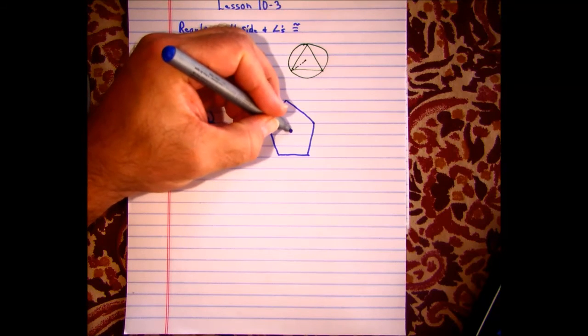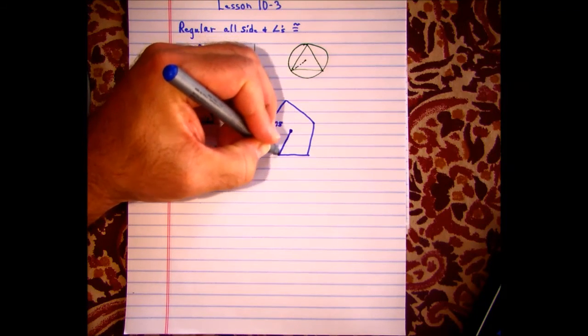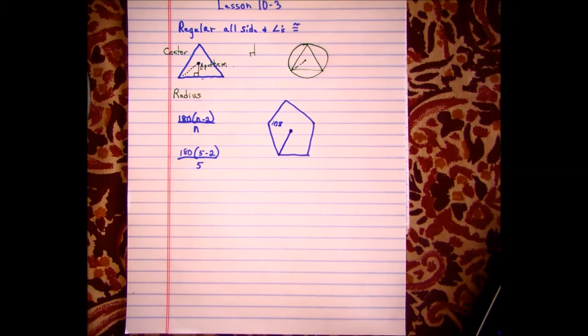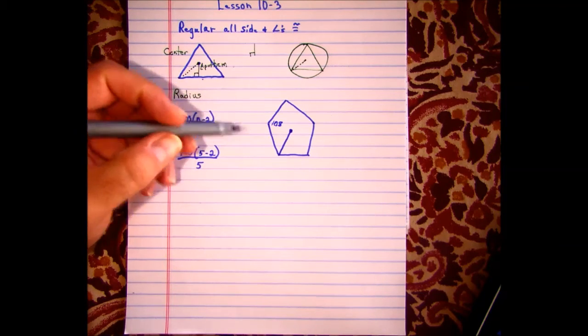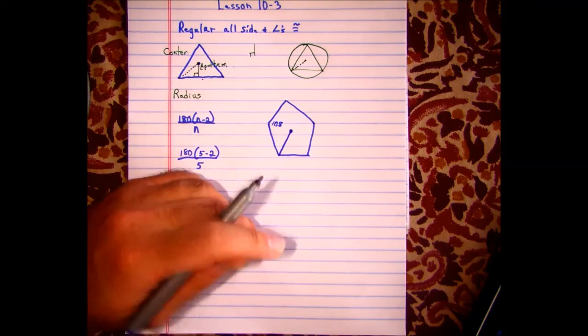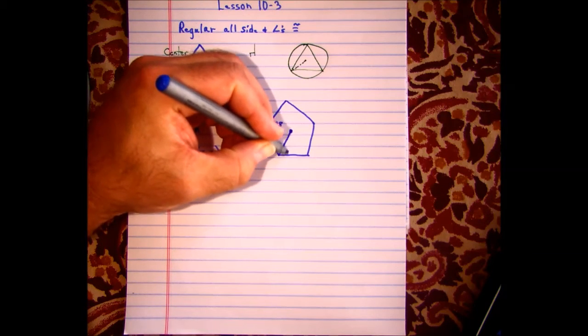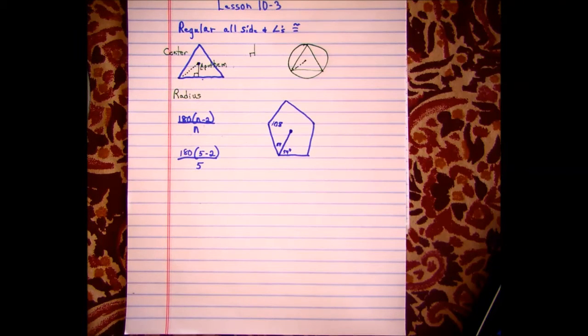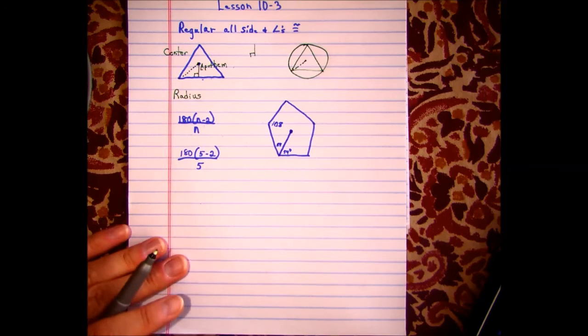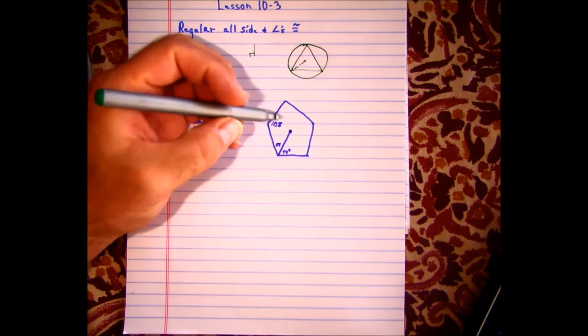Well, now let's take a radius, and we draw the radius. That radius would bisect that angle, thus making that angle how much? Correct, 54 degrees. 54 degrees here and 54 degrees here. Now, why would we need to do this? Well, sometimes they give us all the things we need for our formulas, but you and I both know that most of the time they don't.